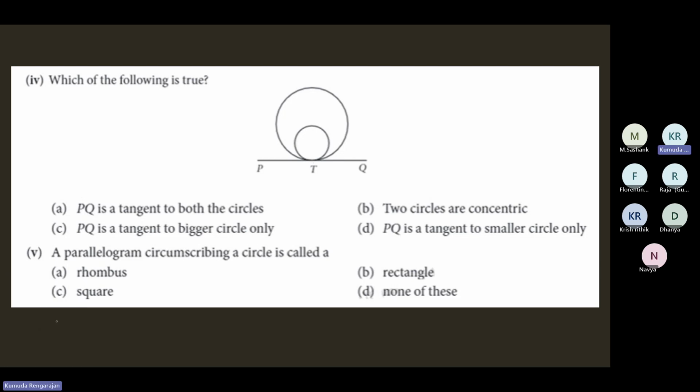Yeah, last one. A parallelogram circumscribing a circle is a rhombus, ma'am. How do we prove it's a rhombus?